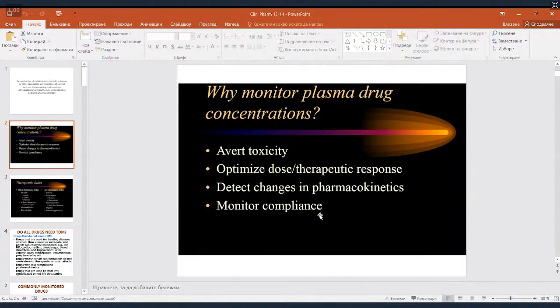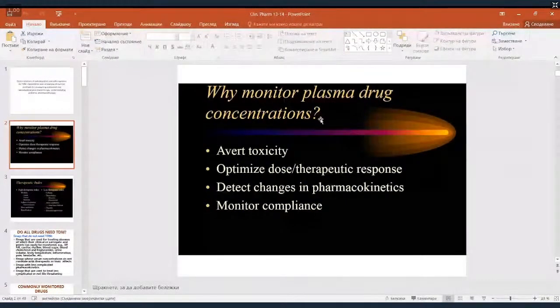Also, there are some cases when the patient is taking the drug, but it is not the right dose. So you need to either increase the dose or decrease the dose. So these are some of the reasons why we monitor the drug's concentrations in the blood or in the plasma of the patient.